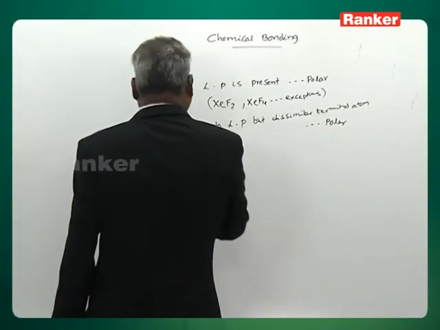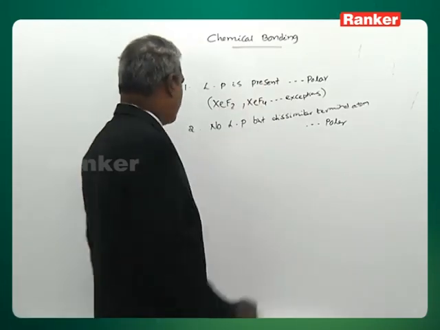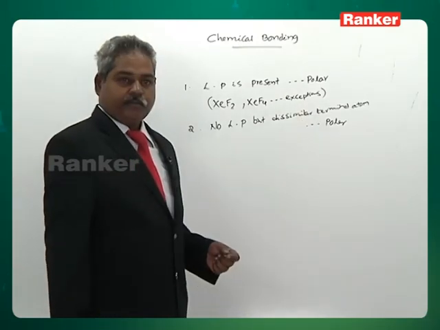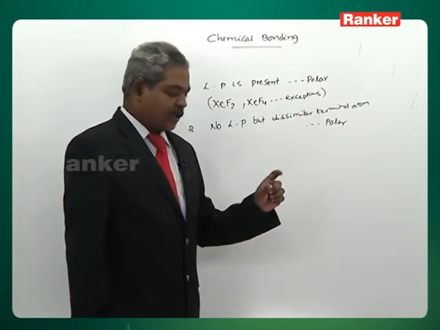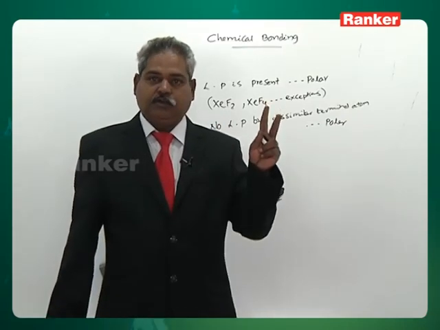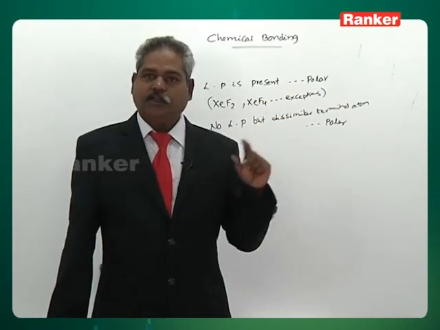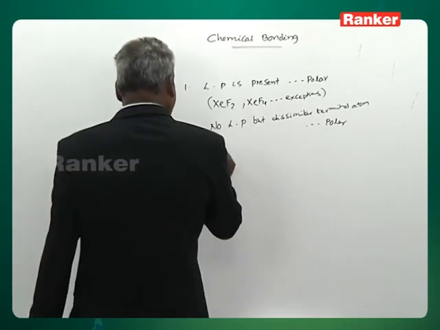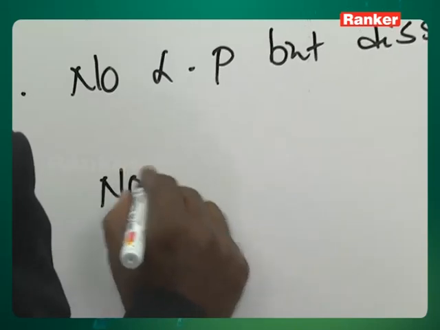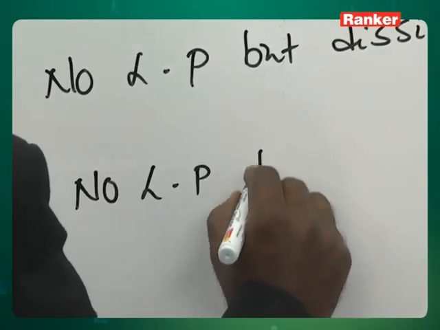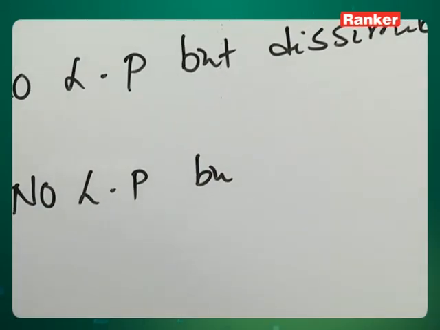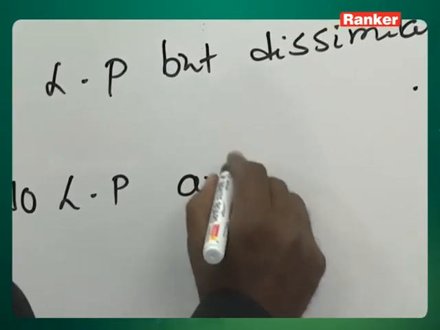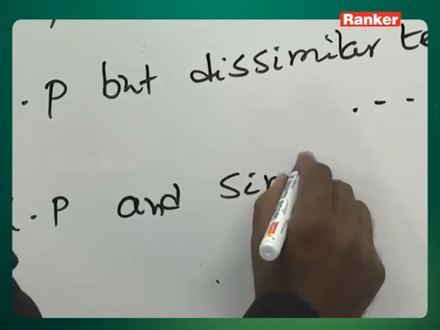So, when is a molecule polar? If a lone pair is present, definitely polar. If there is no lone pair, but still the terminal atoms are dissimilar, for example SOCl2, sulfur surrounded by 1 oxygen and 2 chlorines, obviously dissimilar, polar. Third case: no lone pair and similar terminal atoms.